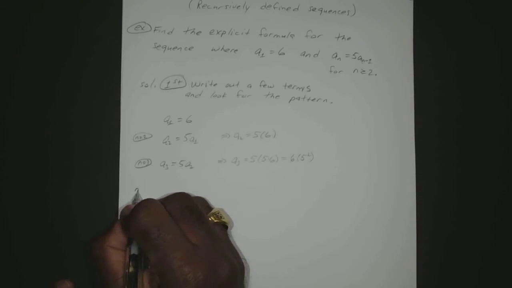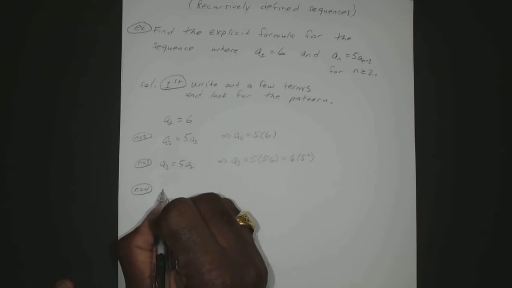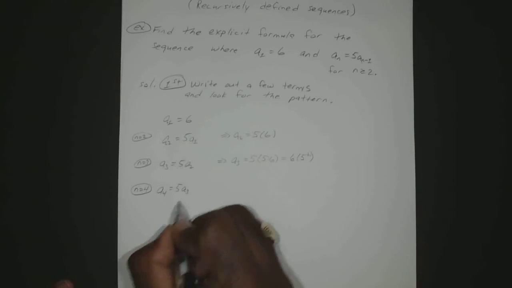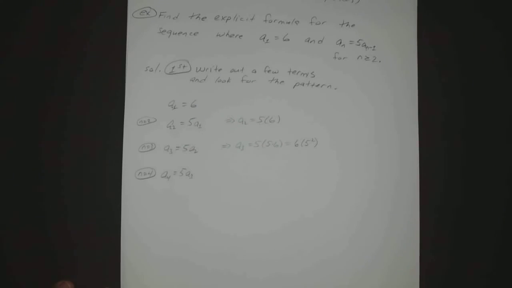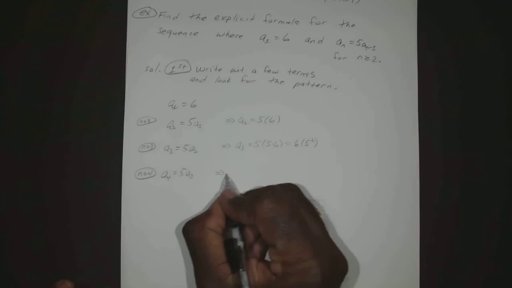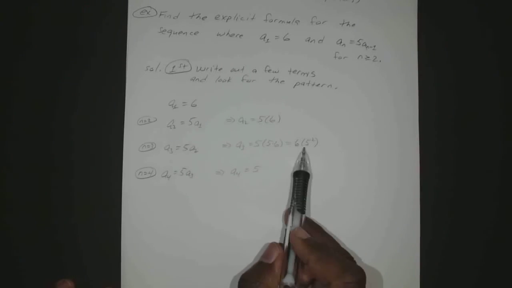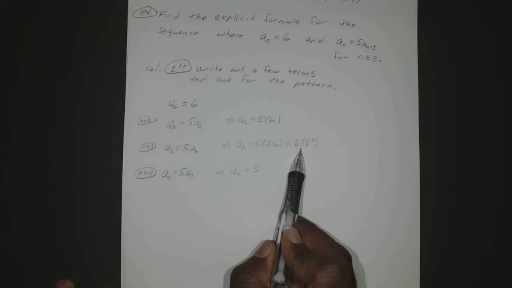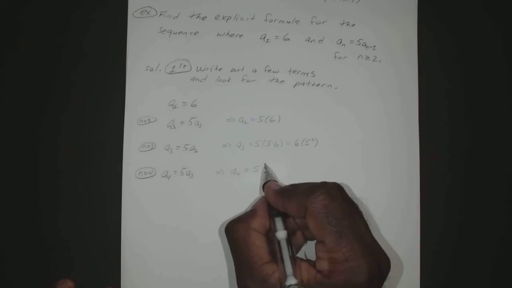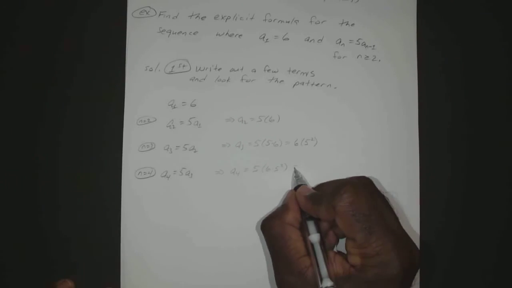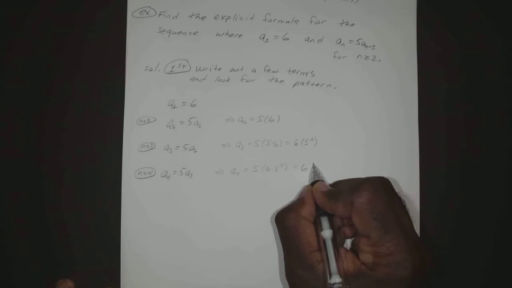Okay, now n equals 4. That's 5 times the third term. Which means that our fourth term is equal to 5 times our third term, which is 6 times 5 squared. Which is 6 times 5 to the third.